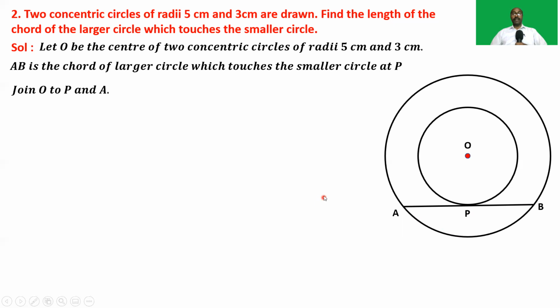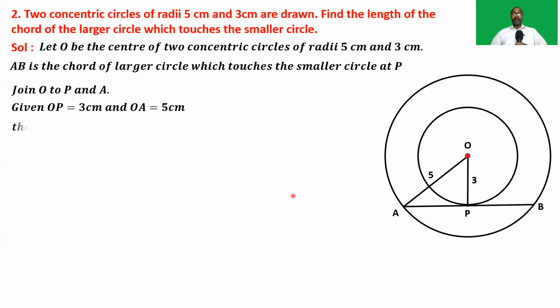So to find length, join O to P and A. And given OP is equal to 3 centimeters, OA is equal to 5 centimeters because these are the radii of the circles.